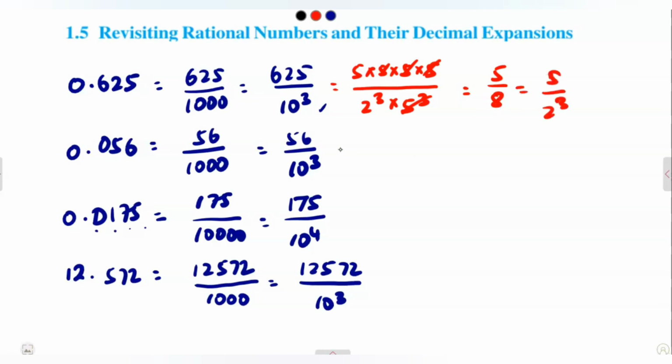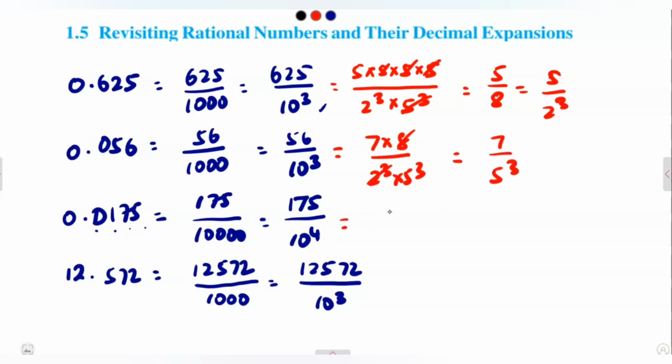Next, this 56 can be written as 7 into 8 by 2 cube into 5 cube. This 8 I can write as 2 cube, so 2 cube and 8 are the same. So I can write it as 7 by 5 cube.